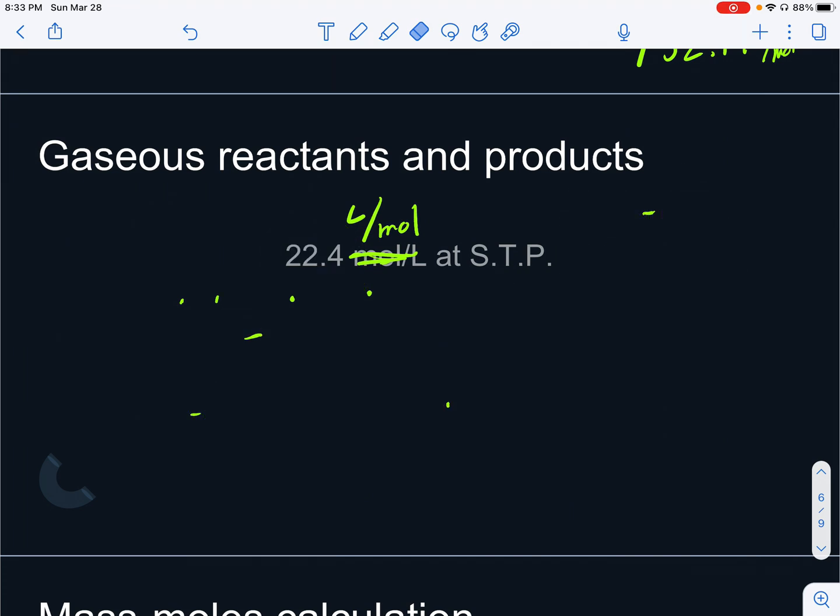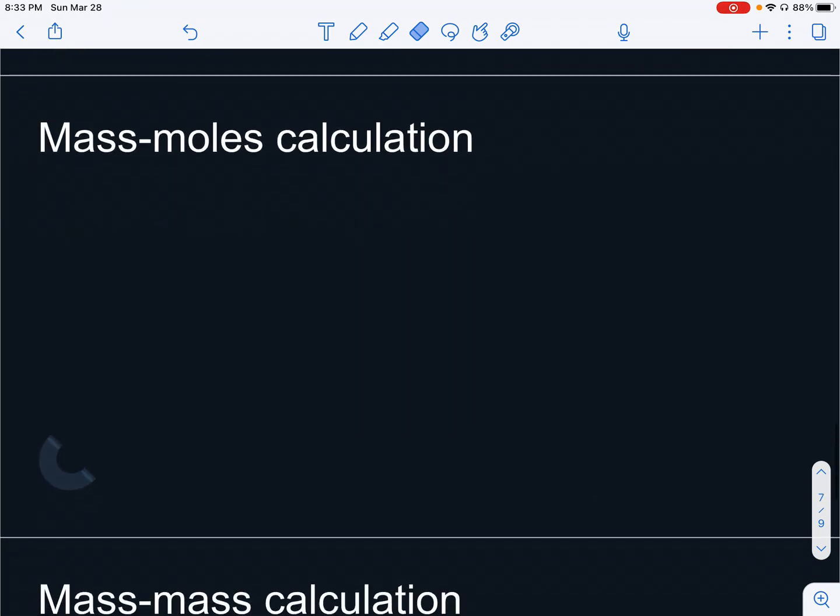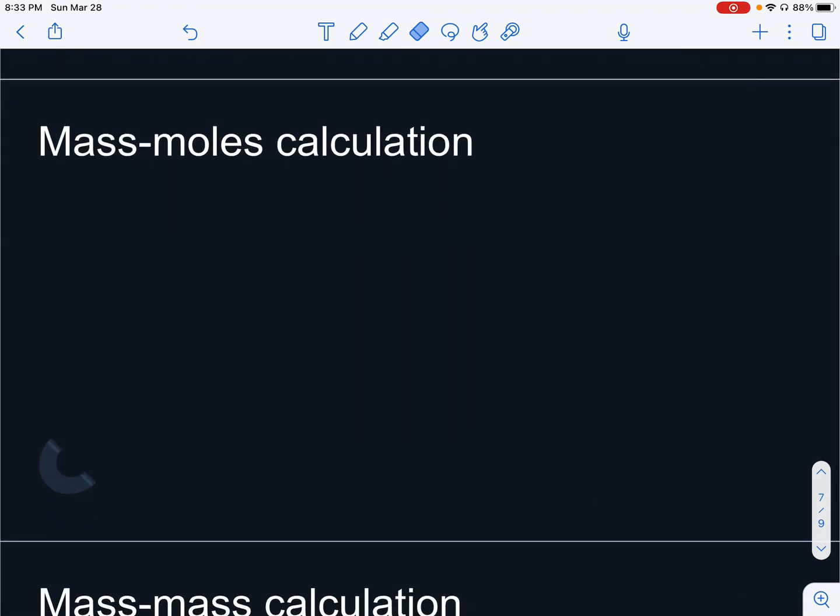So let's do just a couple example mass to moles, molar mass kind of calculations. We'll work through these a little bit more together in person, but just to kind of show you where this math goes. Let's take, for example, our magnesium hydroxide, which we had before, and if I say I have 37 grams of magnesium hydroxide, how many moles is that?